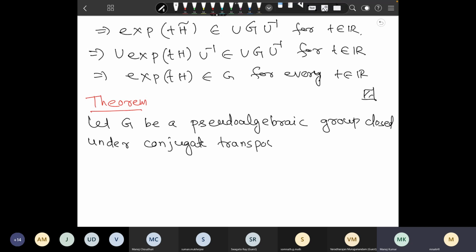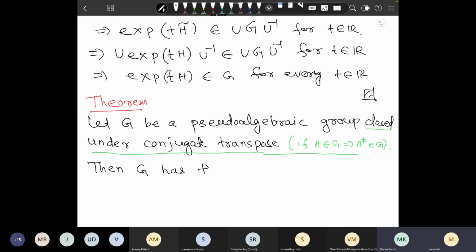What does this mean? It means that if A belongs to G, this implies A star belongs to G. Okay. Then G has the following polar decomposition.